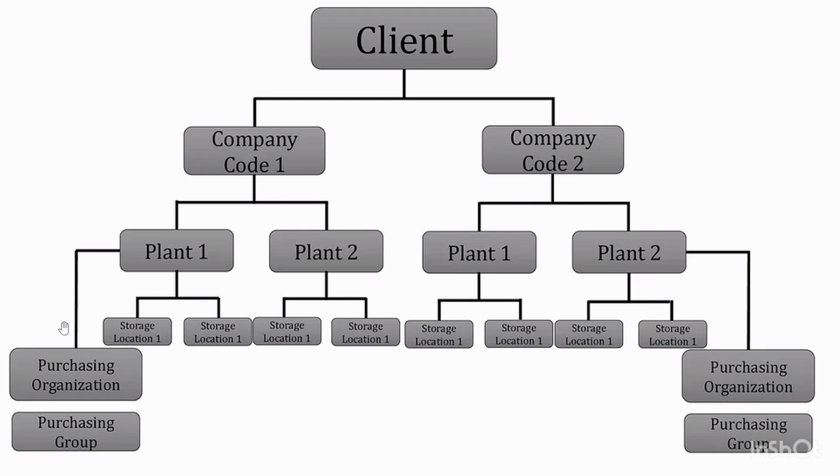Now, if you see, there is a purchasing group also given, but there is no connection between it and the others. Why? Because this is an independent entity. Why do we have both purchasing group and purchasing organization? The basic difference is that a purchasing organization might have ample people in it.